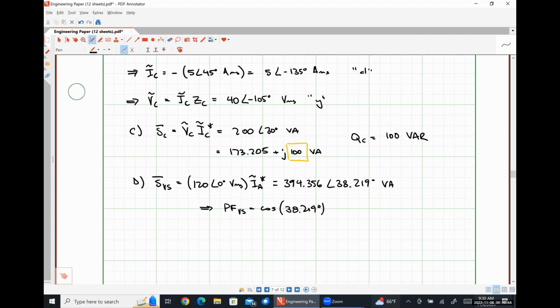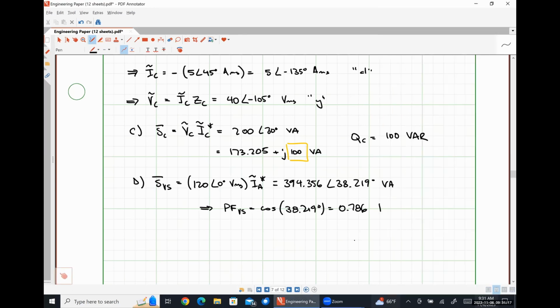So cosine of the angle of my previous answer is 0.786. Is this power factor leading or lagging? Lagging. Why? Because the angle is positive. Absolutely right.